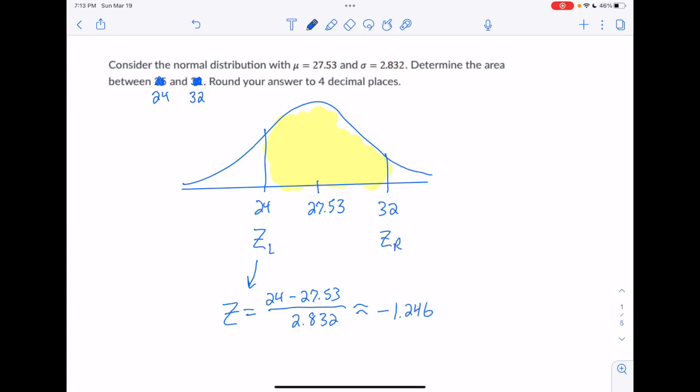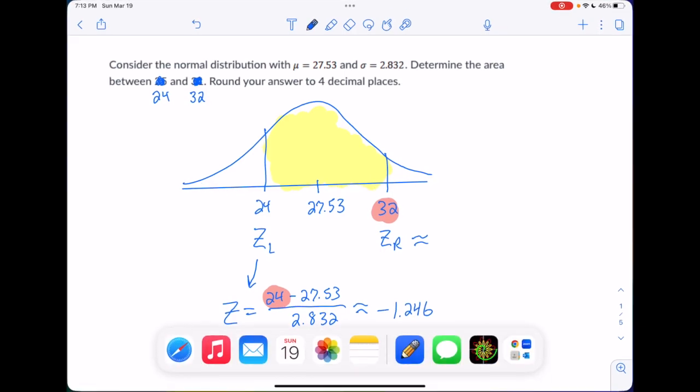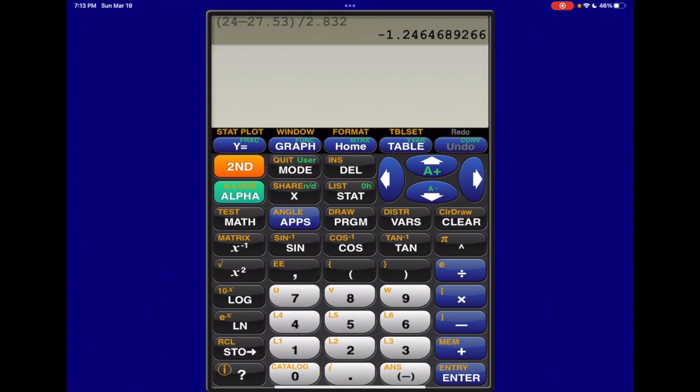And then when we do the z on the right, that's basically the same formula, except that instead of this 24 right there, we're going to put that 32 in that spot instead. So the easiest way to do that is just go back to the calculator, hit second, and then enter to pull up your last calculation, and then arrow over there and change that 24 to a 32.